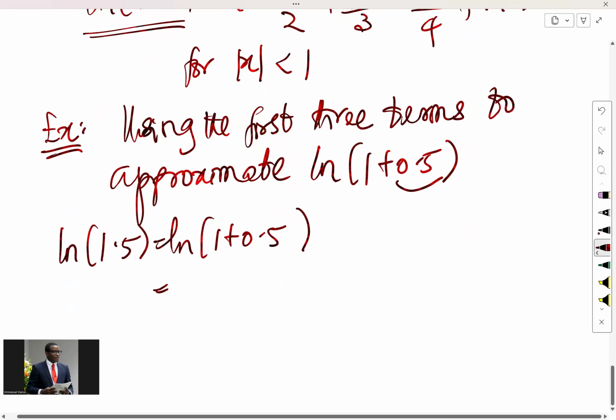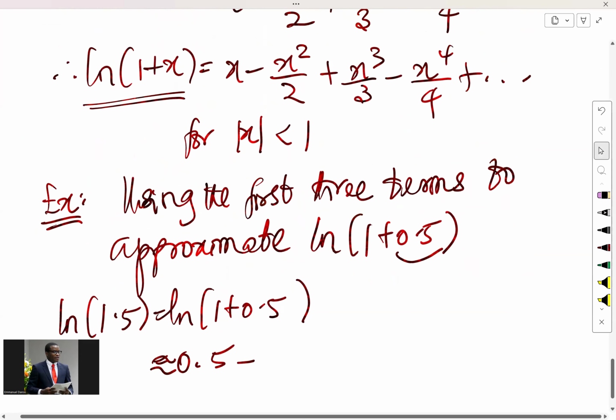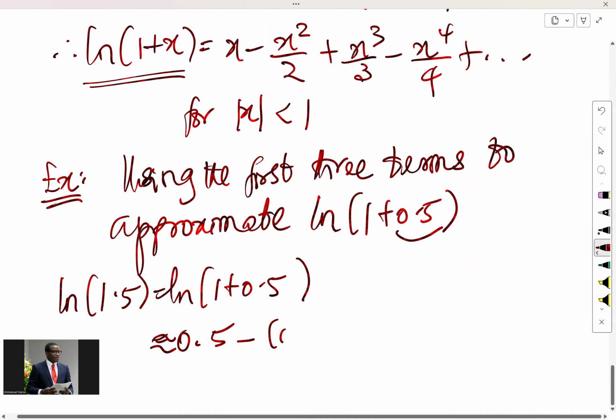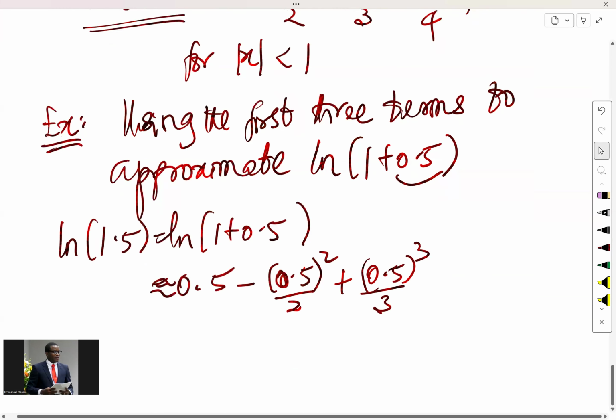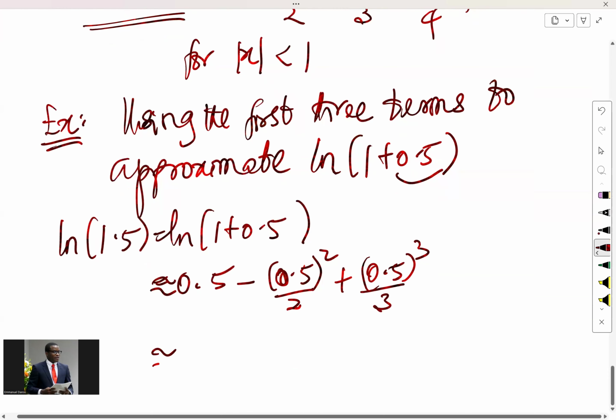So you have x, which is approximately 0.5 now. Then minus, the next one is x squared. That is 0.5 squared all over 2. Okay, we are using only the 3 terms. Then plus 0.5 cubed all over 3. And that is approximately 0.4167, which we can confirm from Desmos.